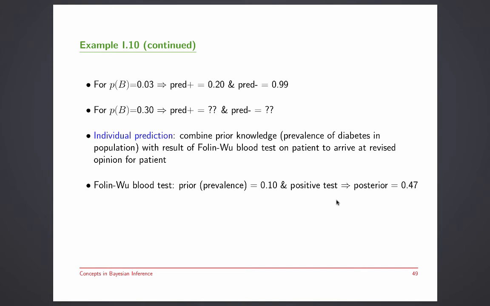Suppose now, however, that this 10% is not coming from a certain experiment, but it's just the prior probability that the physician has. Then, of course, these probabilities no longer have the long-run frequency interpretation as in the frequentist setting.